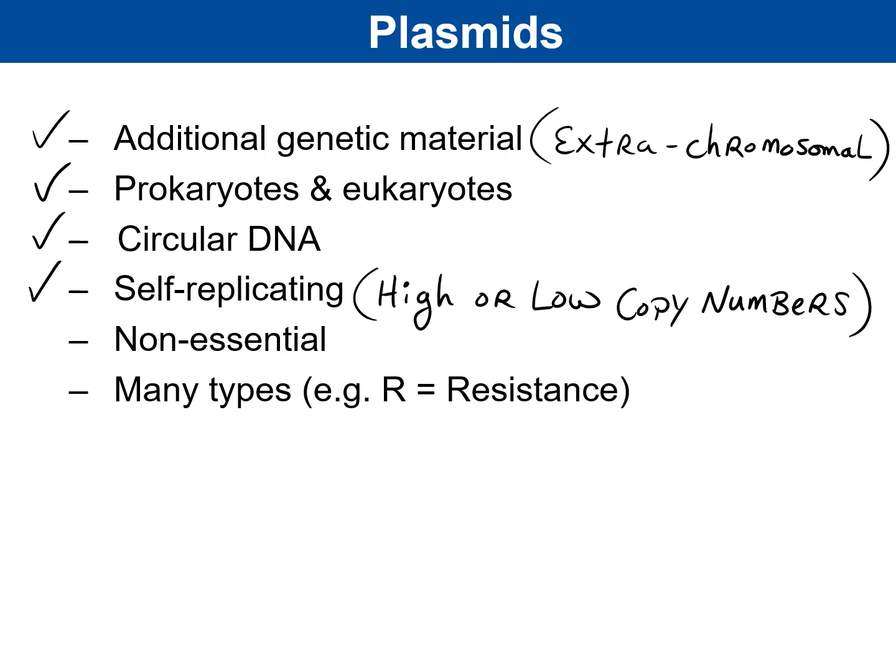Plasmids are influenced by their genetic sequences to self-replicate. That subject goes deeper into genetics beyond what this course is going to have time to address, so I'll leave it at that. Plasmids are also considered to be non-essential pieces of genetic information, but that doesn't make them unimportant by any means.